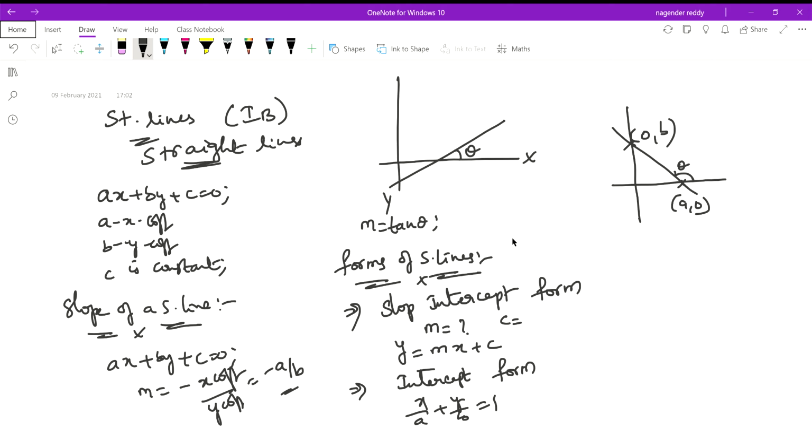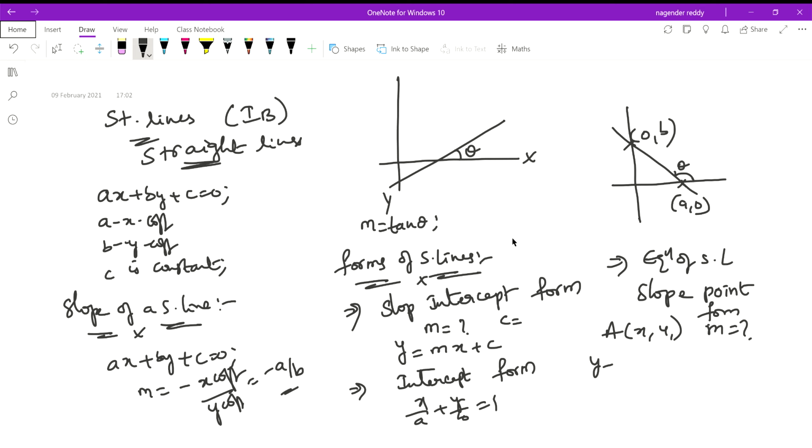Slope point form. For example, let us suppose a is x1 comma y1 and slope m is given. Then we have to find the equation of the straight line.